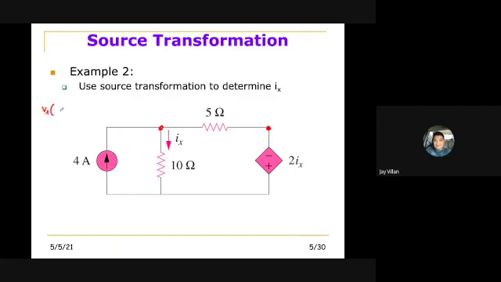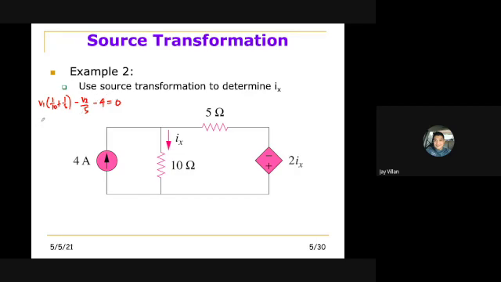V1 times 1 over 10 plus 1 over 5 minus V2 over 5 minus 4 is equal to 0. So that is our equation 1.